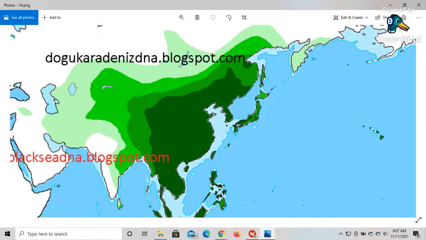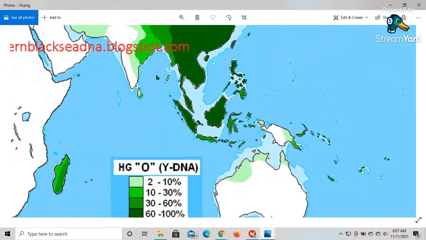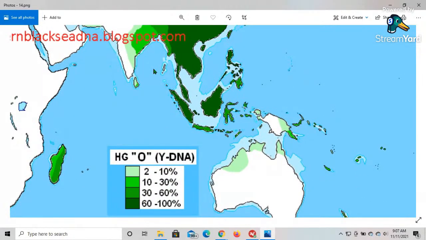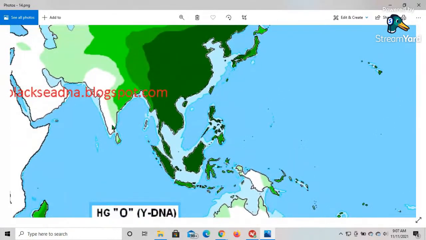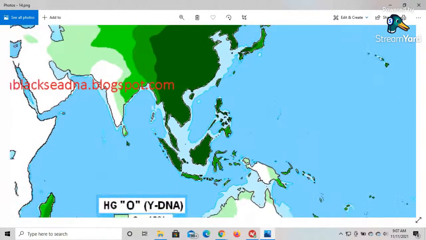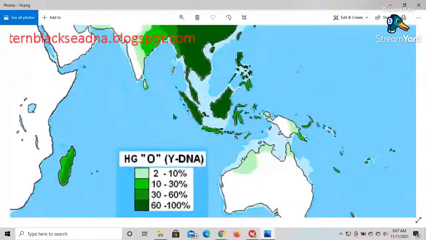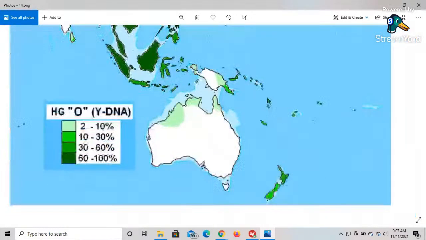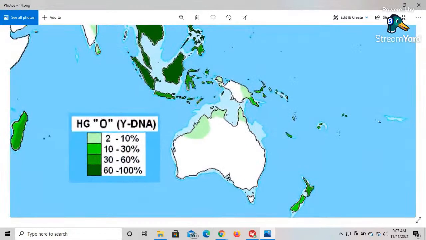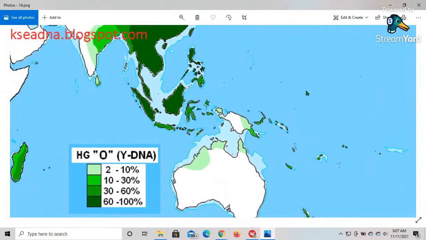Up in here is another Y chromosome, the DY chromosome as well. So this is interesting, and it's interesting too that it's all the way here in Madagascar. In South Asia, highly concentrated, even New Zealand.